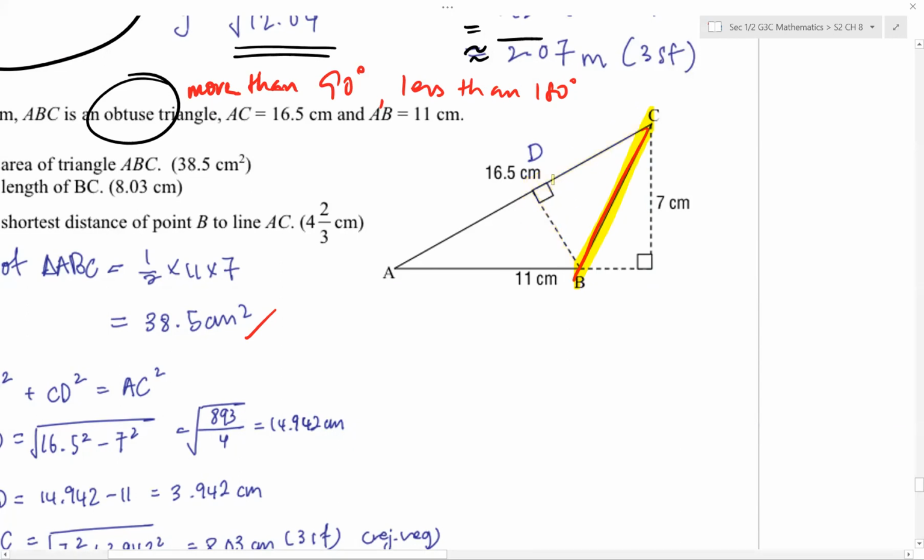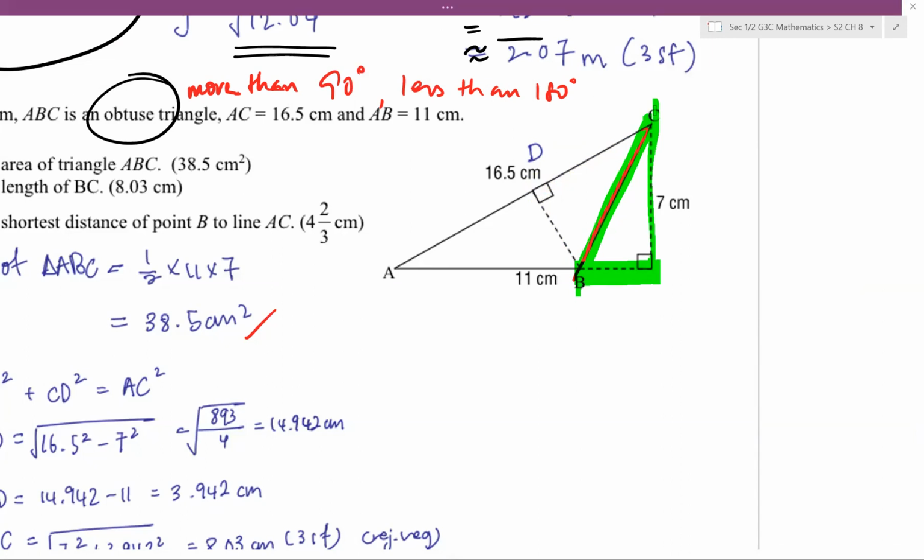Let me try the other triangle in green. I need the horizontal and the vertical distance. I've got the vertical distance already, very good. But I need the horizontal distance, B to that point. I don't have it, but is it something that I can find? Right now this looks a little easier than the yellow triangle, which may or may not be possible. The green one looks more possible.